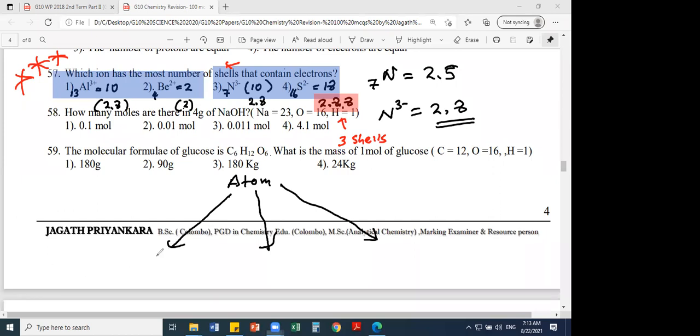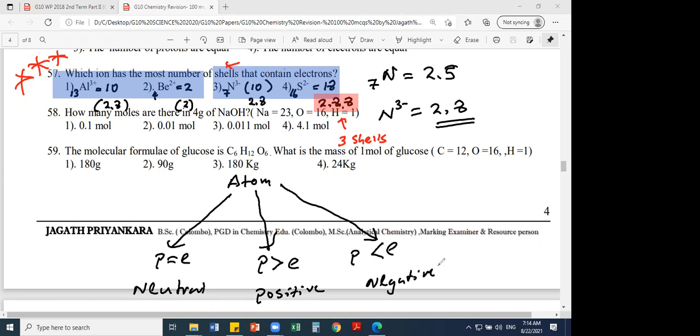If an atom has an equal number of protons and electrons, it is neutral. If an atom has more protons than electrons, that atom is going to be positively charged, a positive ion. If an atom has more electrons than protons, then it is negatively charged. So that's how you decide it.